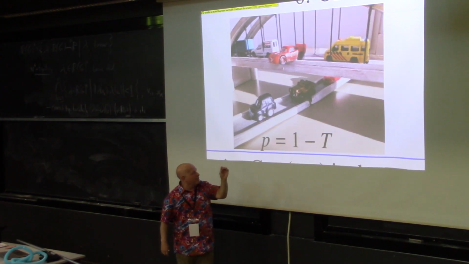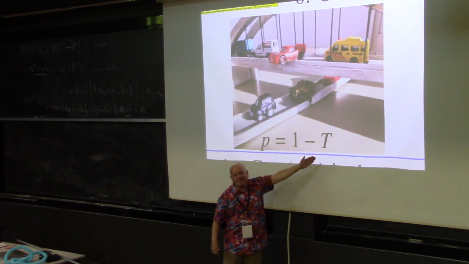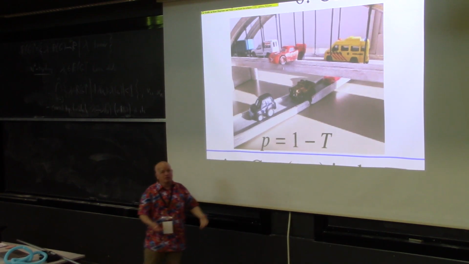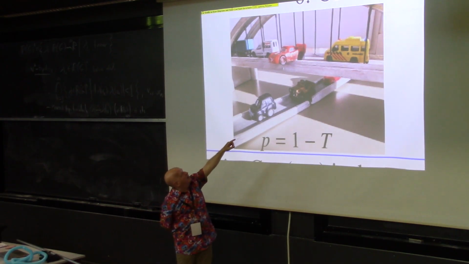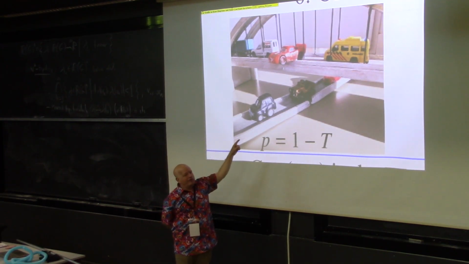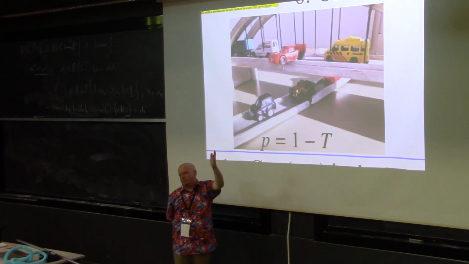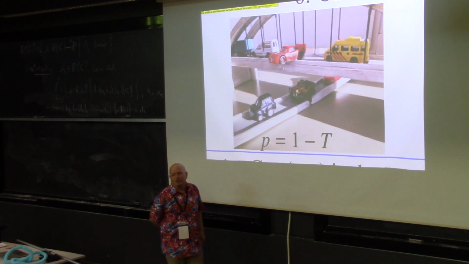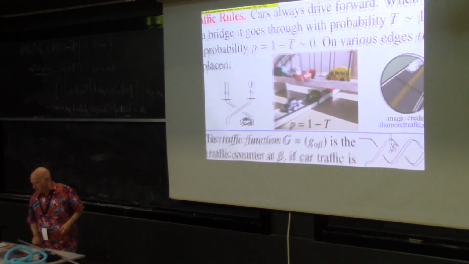But with small probability, let's call it P, and in fact P is also denoted 1 minus T, cars fall off from the overpass onto the underpass, and when they land on the underpass, they just keep going the same way. Okay, so these are the traffic rules on knot diagrams.